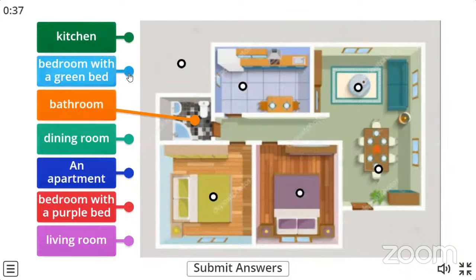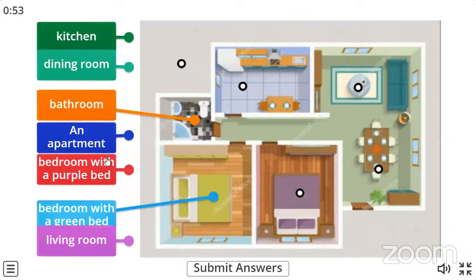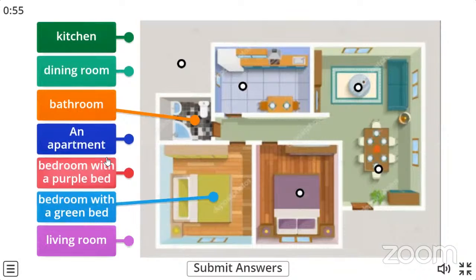Okay, and where is the bedroom with a queen bed? This one, right? Yes. And where is the kitchen?